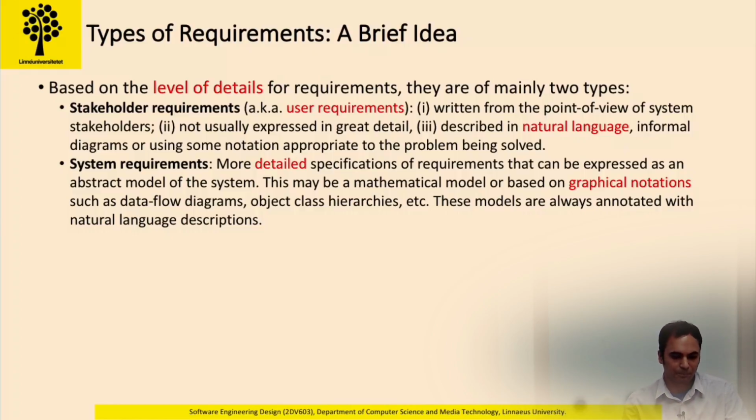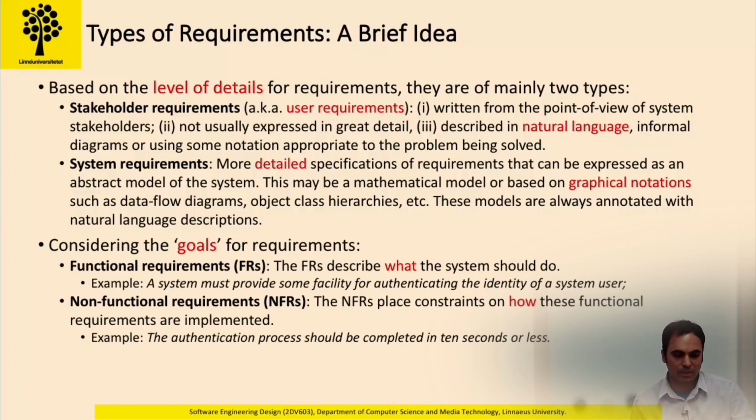They can use mathematical models or other specifications. They can also include technological dependencies, such as what type of system it needs to run on, and what types of user skills we need to use these requirements. So based on the level of detail, the requirements are of two kinds: user requirements and system requirements. And then, based on the goals of the requirements, we have two different kinds of requirements.